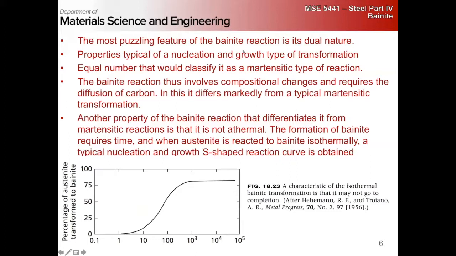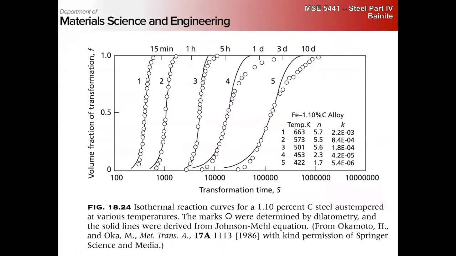So it has properties of nucleation and growth, but it's also shear and has a characteristic start and stop temperature like an athermal transformation. So part of it behaves like isothermal, part of it behaves like athermal. It's a little wonky. All right? And so we can see here that we do have incubation time, depending on the alloy and the temperature.